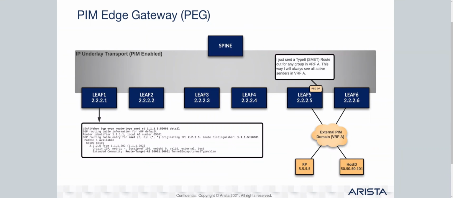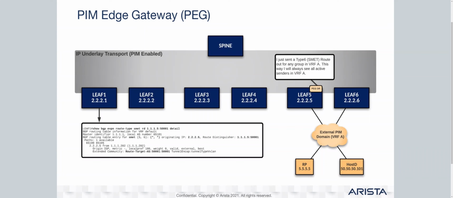The way it's going to do that is, all right, I'm going to send a type 6 SMET route. And for the S comma G, before we saw there was star comma group, the PEG is just going to say, star comma star. I don't care who is sending, and I don't care to what group. If it's an overlay multicast feed in VRFA, I need a copy of that.